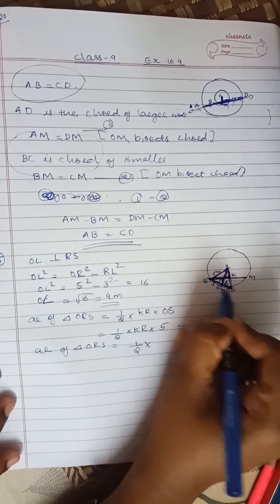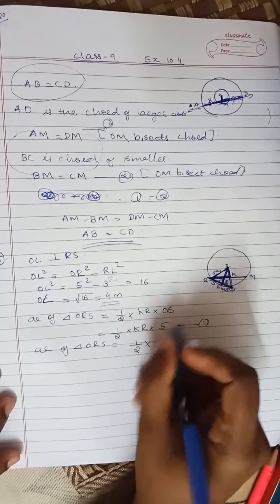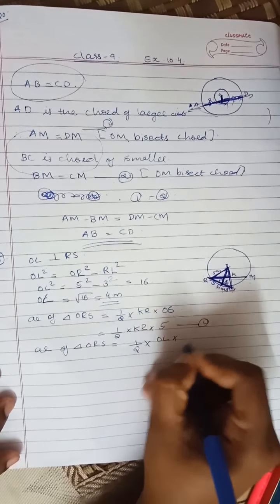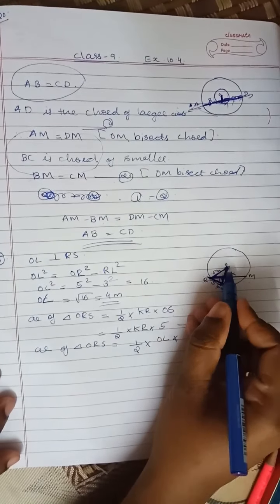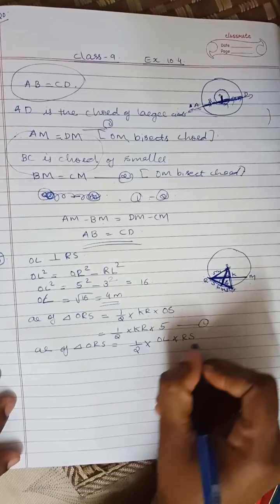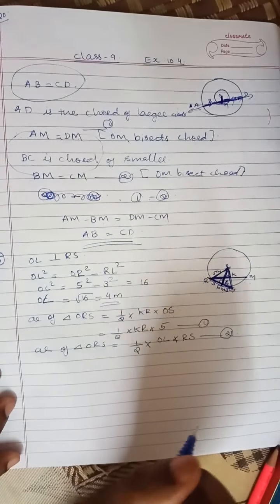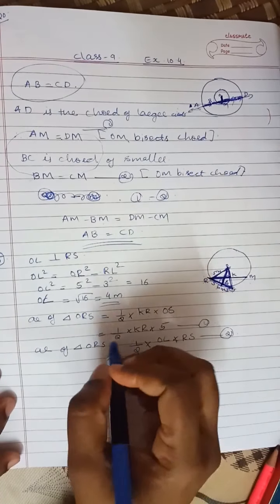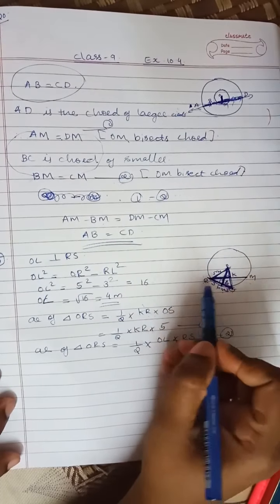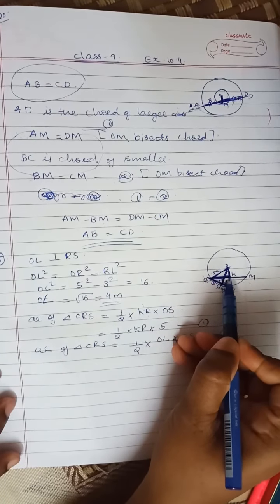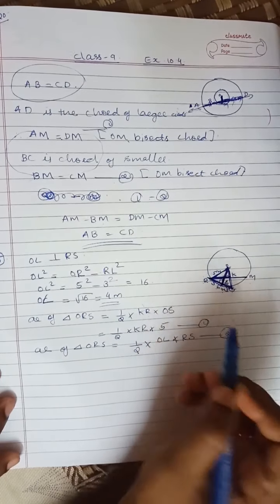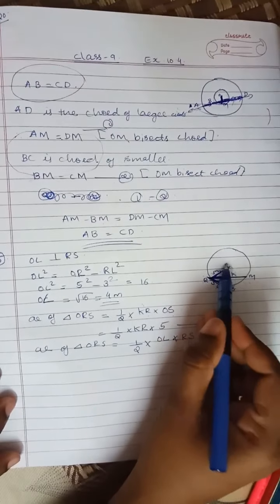So half into OL, the height, into the base RS. This is equation number 2. So here we can calculate the area of ORS in these two ways. Both are the area of the same triangle.